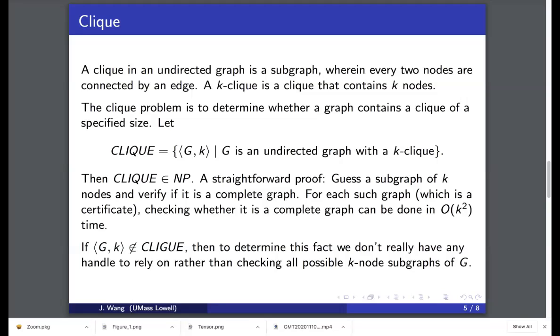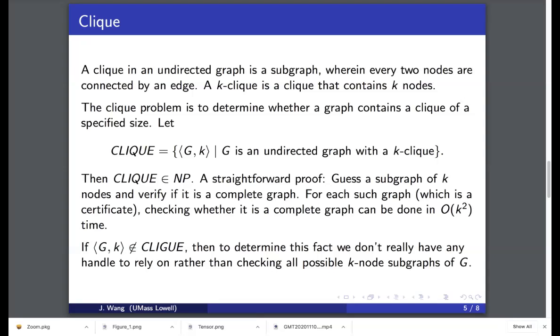Given a graph and an integer k, the problem of whether that graph contains a k-clique is in NP, because as long as you are presented with a set of nodes claimed to be a k-clique, first you verify whether it has k nodes, and then you verify whether each pair of nodes is connected.